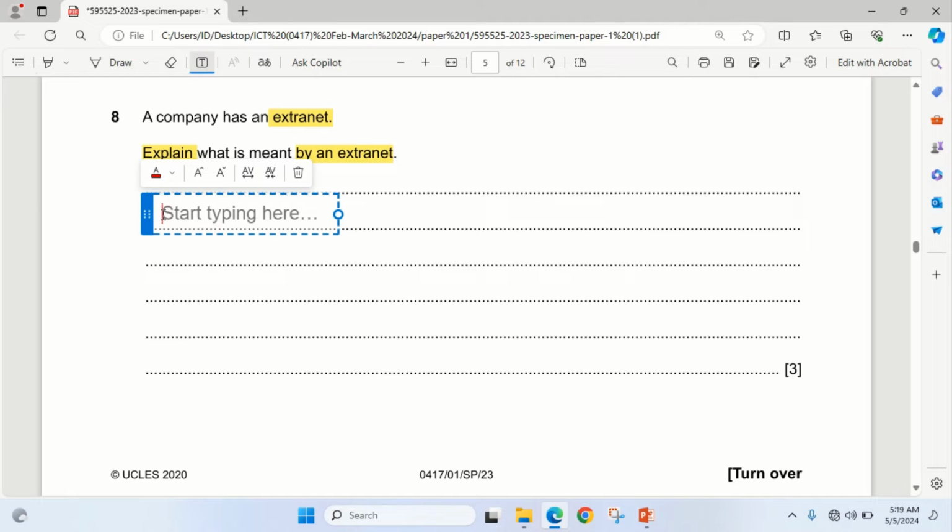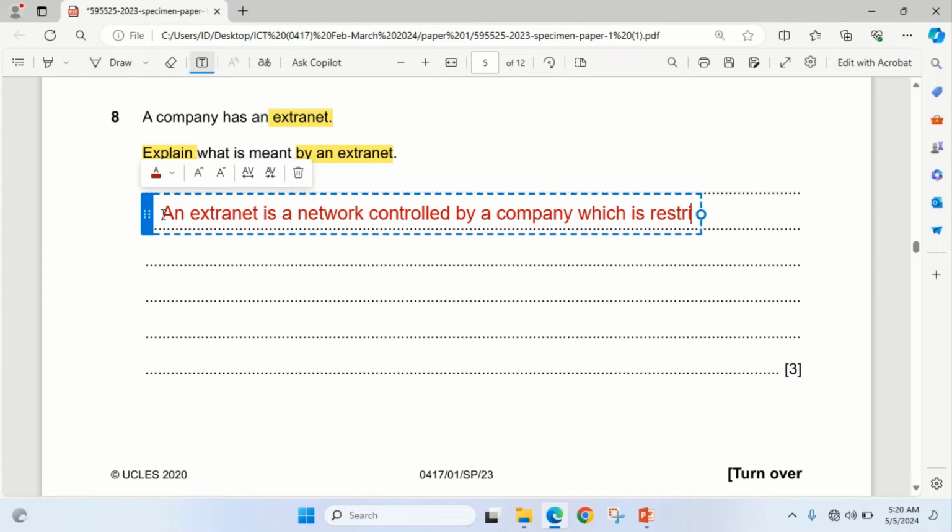So you say an extranet is a network controlled by a private company, which is a restricted or private network.